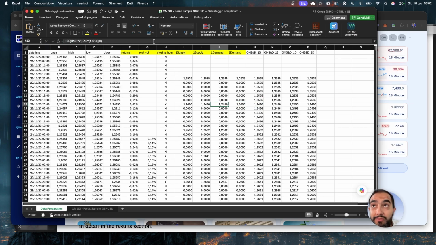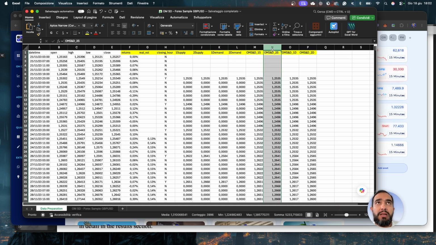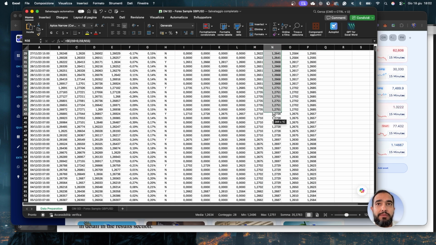Again, same idea. I am changing the trading day, right? So I have identified that yes, I do have a number, then I take that number, otherwise I take the previous one. And then I do this for the 4 levels, the 2 supply and the 2 demand levels.